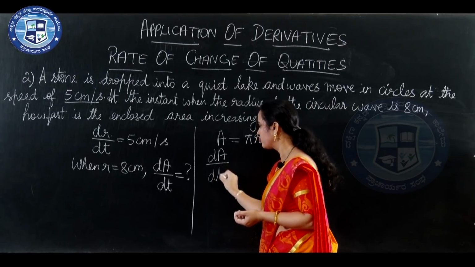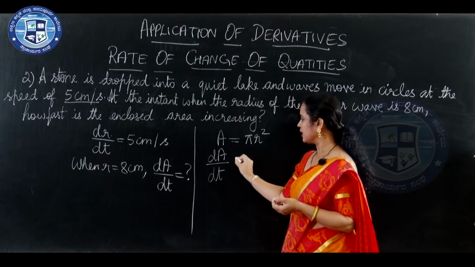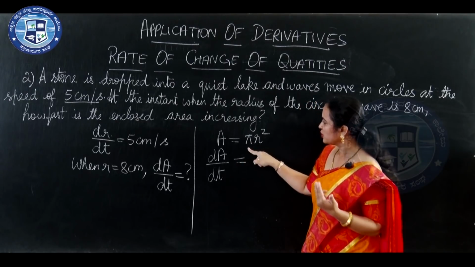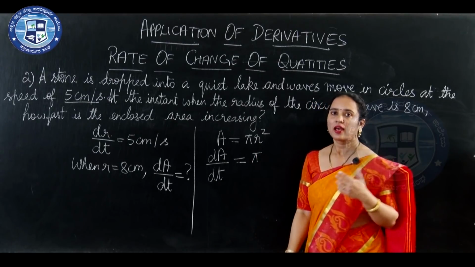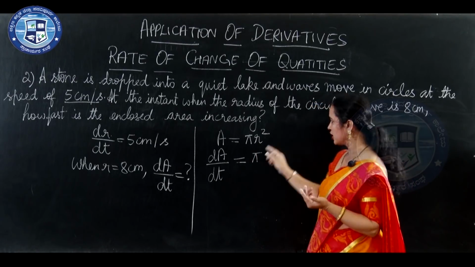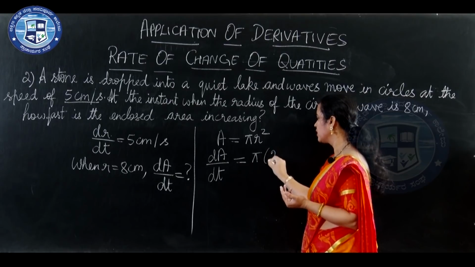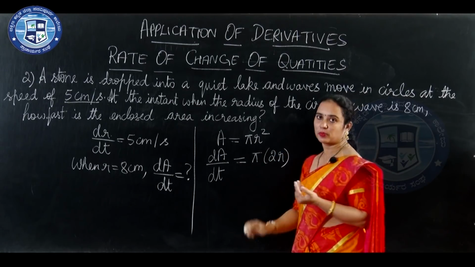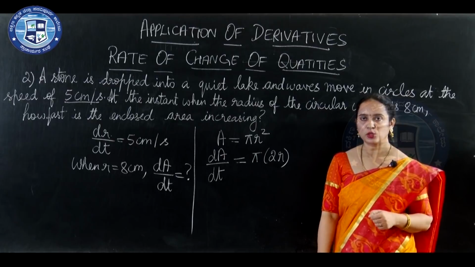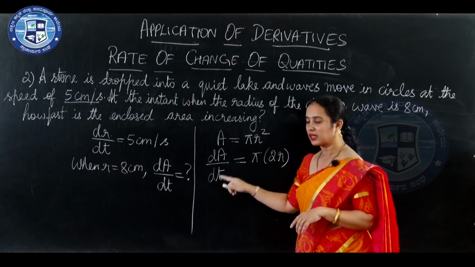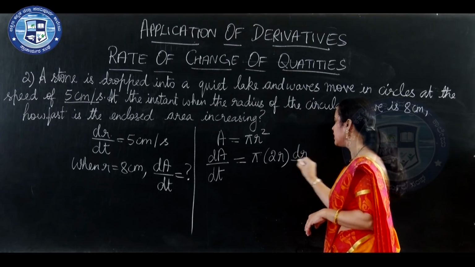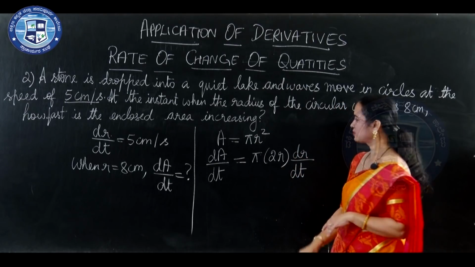So dA by dt is equal to, when you differentiate this, pi is a constant, keep it as it is. R square, when you differentiate, bring the power down and subtract 1 from the power. So you will be getting 2r, but you are differentiating r with respect to t. So you will write here dr by dt.